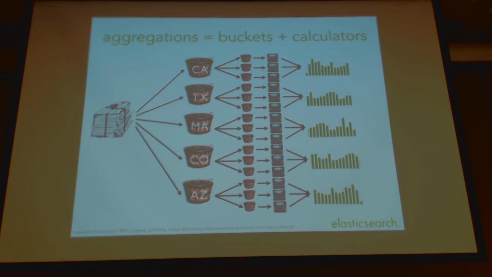So there are these mathematical ideas from a while ago called Q-digest, and then a more recent implementation of that idea called T-digest. And we use this T-digest idea widely in the aggregations implementation.